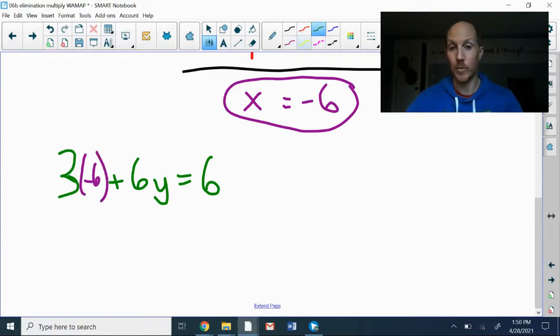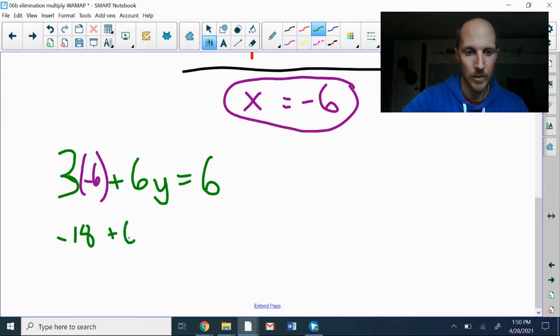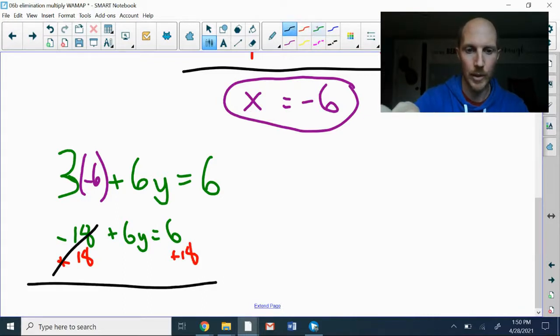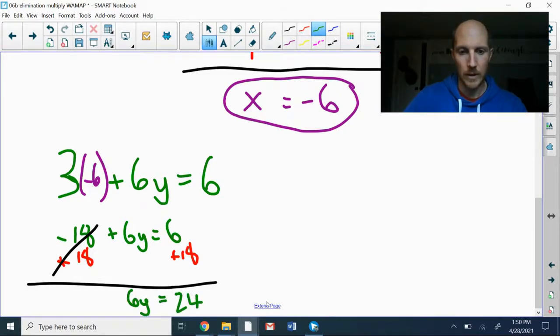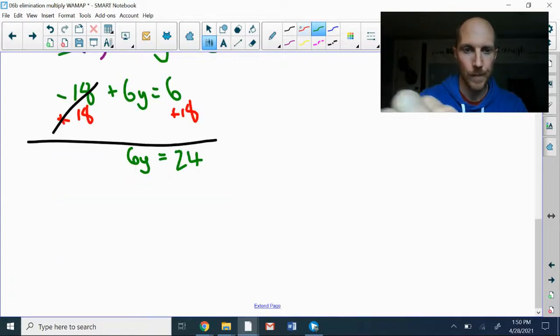Okay, so we're going to do that multiplication as our first step. 3 times negative 6 is negative 18. Plus 6y equals 6. Okay, to solve this for y, next step will be to add 18. Easy eliminate. 6y equals 24.